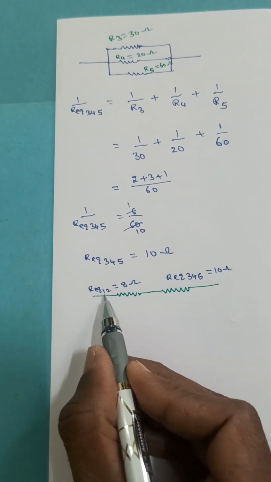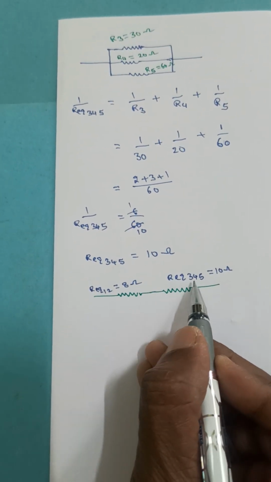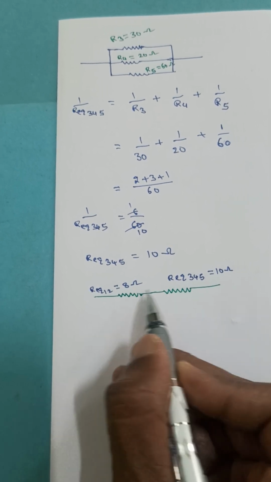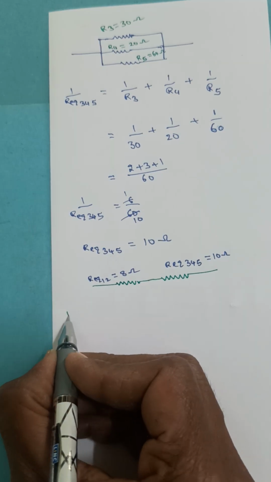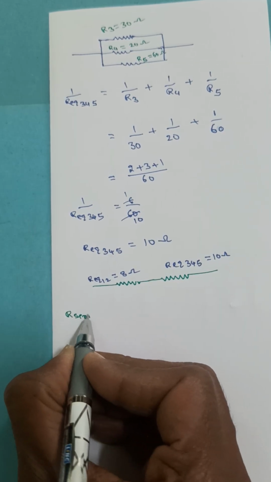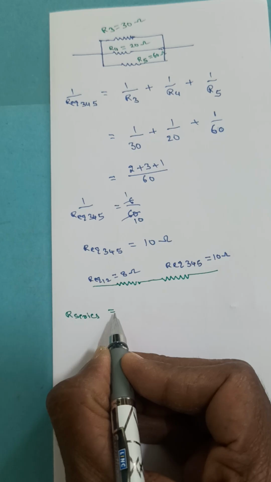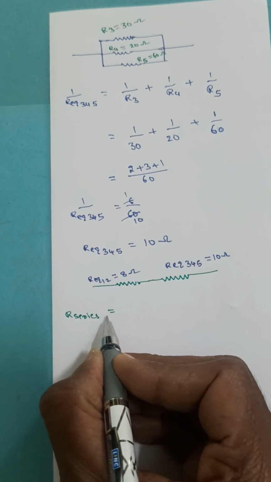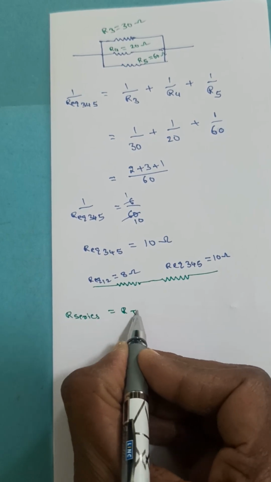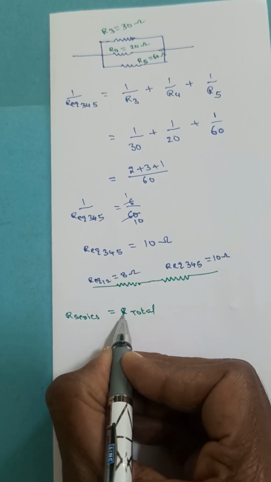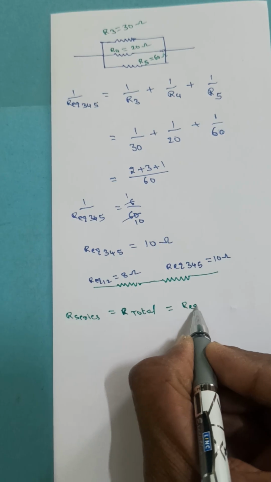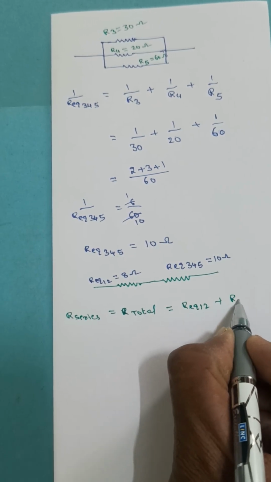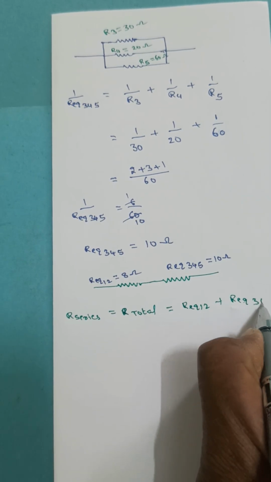So R equivalent 1 2 and R equivalent 3 4 5, these two resistances are in series. So therefore R series, nothing but R total, is equal to R equivalent 1 2 plus R equivalent 3 4 5.